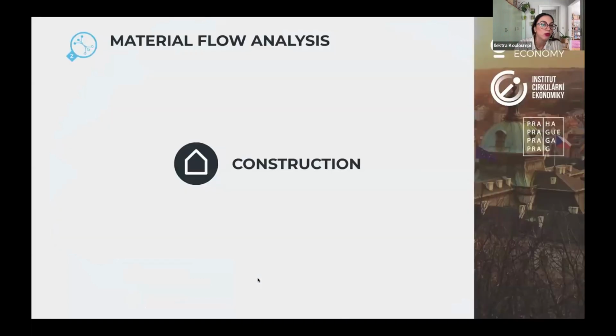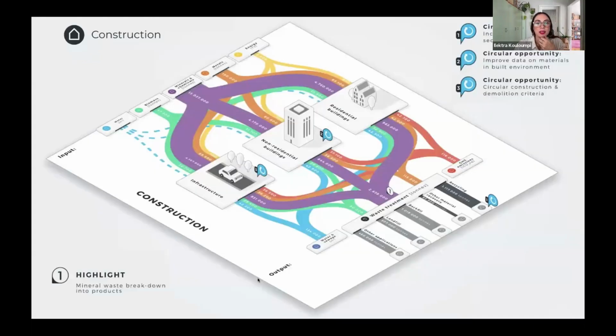And I will move to the construction. Just again, I'm giving you a glimpse. This could take 2 hours to really dive deep into the outcomes of a study like that. But in construction, what's interesting, again looking from the materials that go in, we broke them down into 3 different types of building stock: the residential, non-residential, as well as infrastructure.